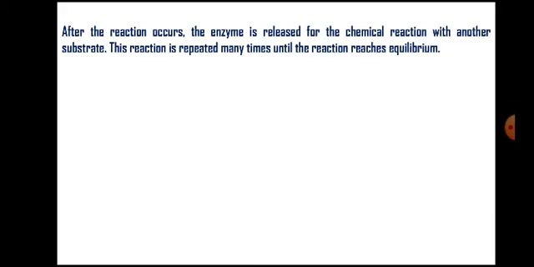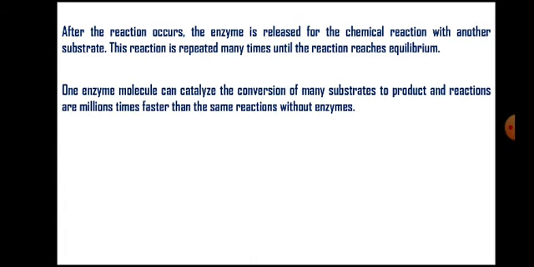It is a state in which the concentrations of both the reactants and products are balanced. One enzyme molecule can catalyze the conversion of many substrates to product, and reactions are millions of times faster than the same reactions without enzymes.